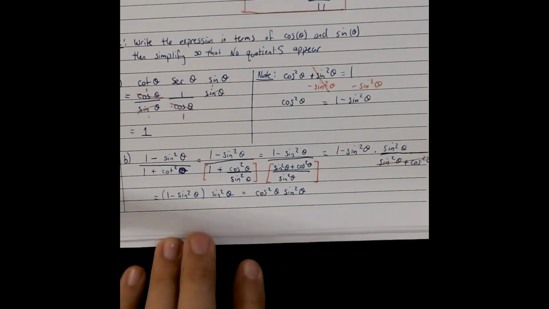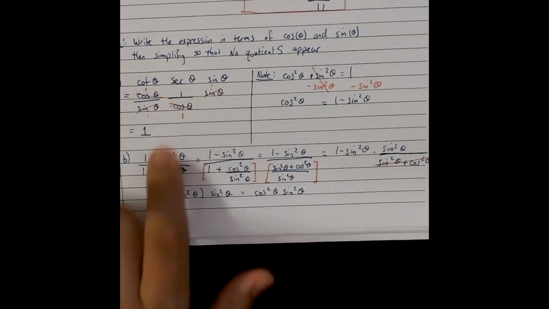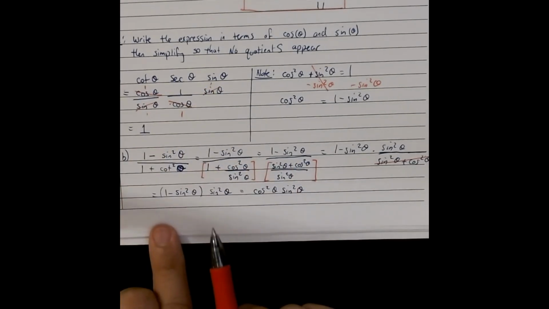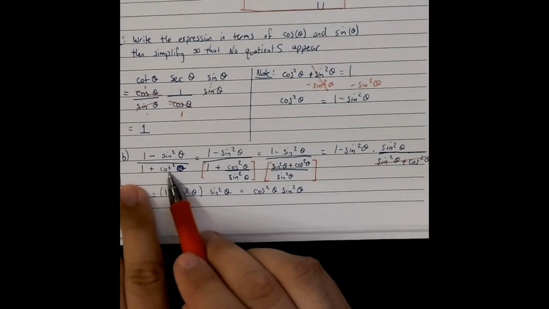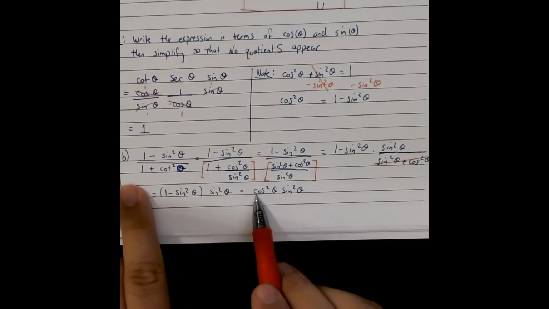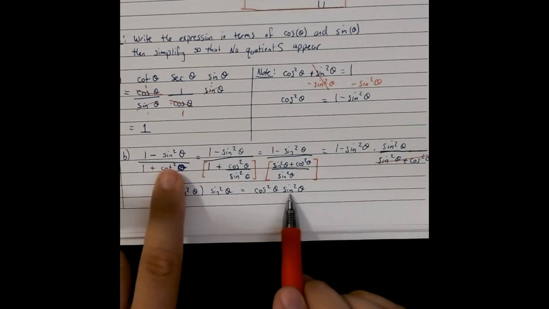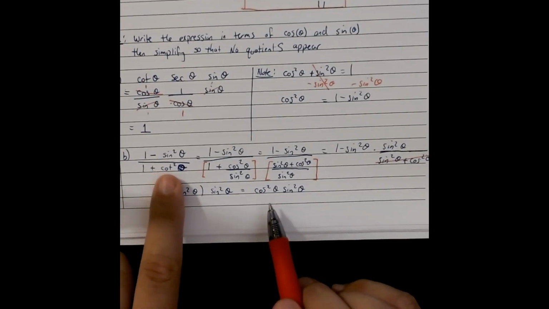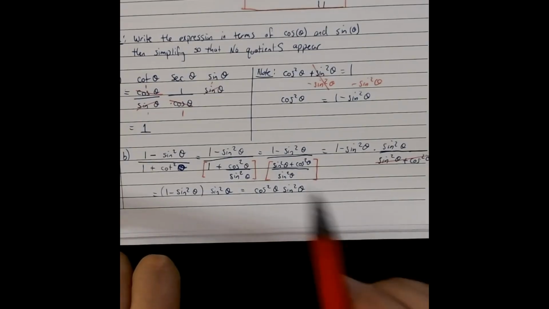So here, cotangent of theta times secant of theta times sine of theta, that's equal to 1. On the other hand, 1 minus sine squared of theta over 1 plus cotangent squared of theta is equal to cosine squared of theta times sine squared of theta. And you know, these look very different, but they are exactly the same. What that means is if you were to pick any angle you want and plug it in, let's pick a random number, let's say 17.